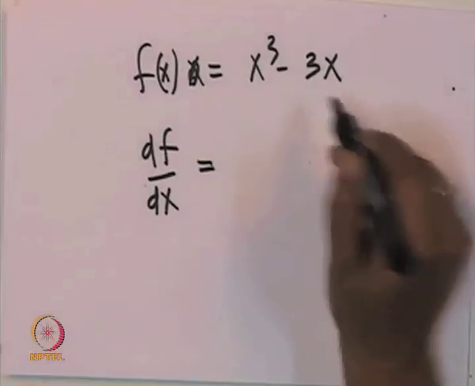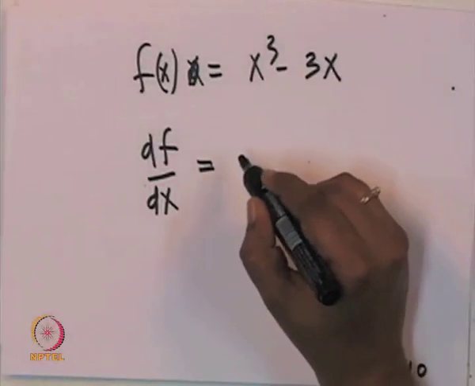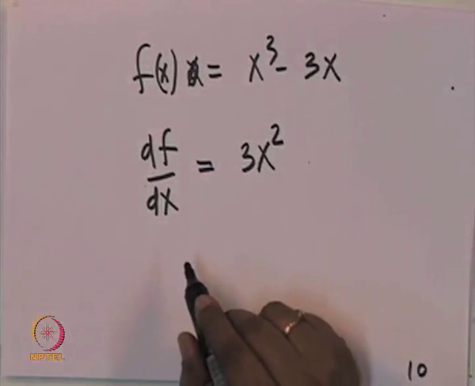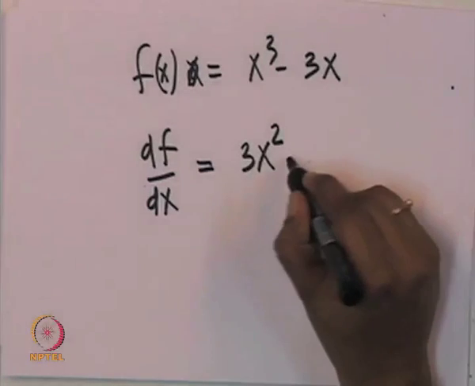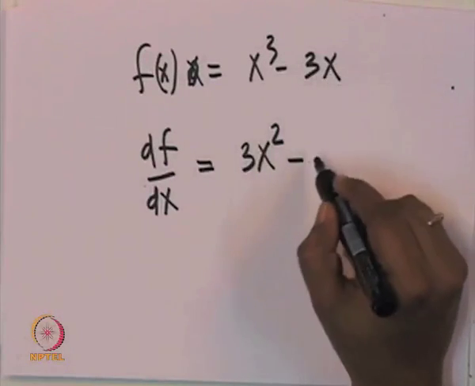The derivative of x cube is 3 x square. This is what we learned: x power n has derivative n x power n minus 1, minus the derivative of 3 x, which is 3.